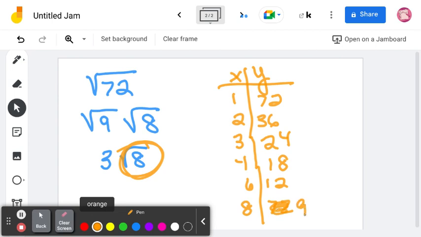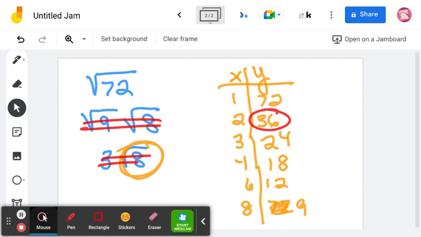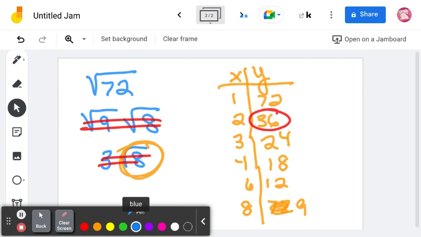8 times 9. Now, 9 is a perfect square, but there is a bigger perfect square lurking, and it's 2 times 36. So really, you don't want to use this. You want to use the 2 and the 36. So let me write this over here to the right.